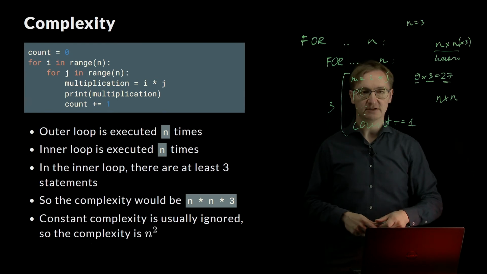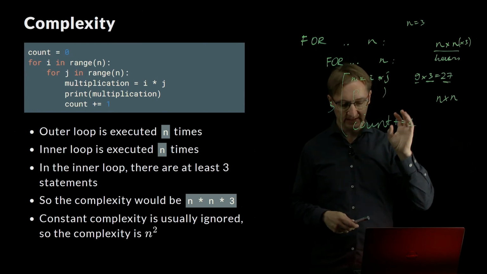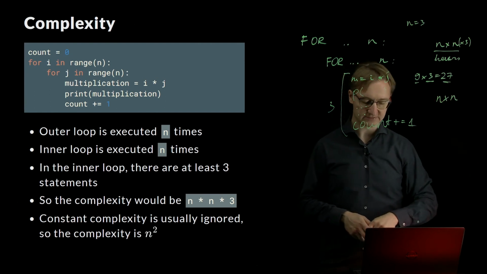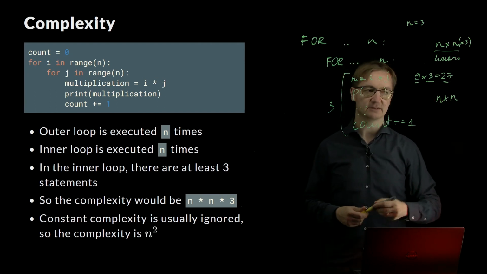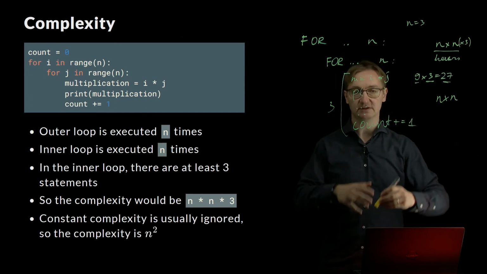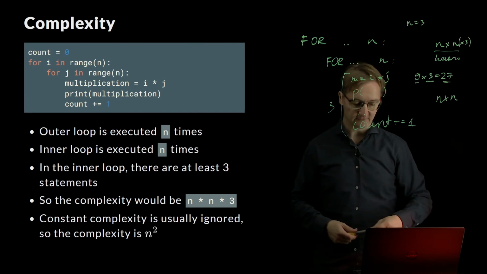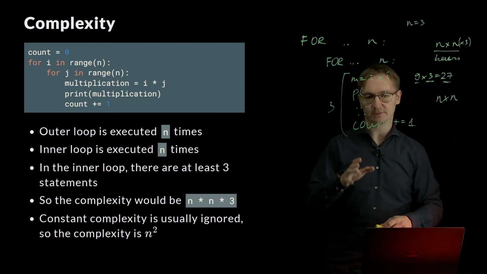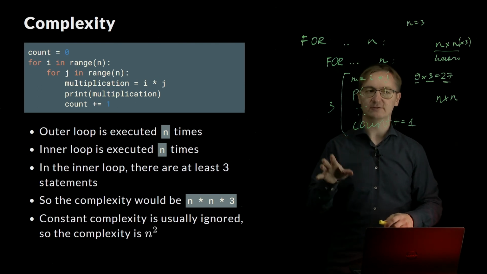So, for example, there are certain programs which are n log n, then there are n squared programs and so on. So basically the main idea is to get the big picture, or what's the big complexity for this problem.